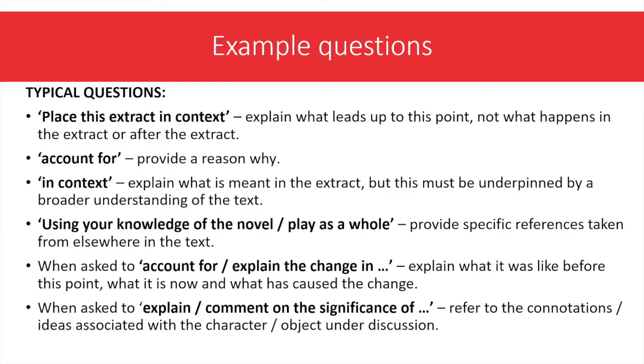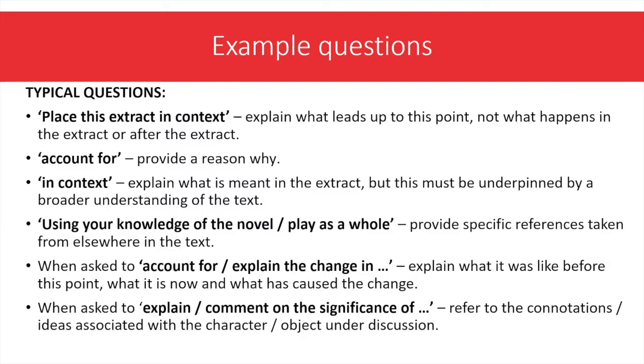But this must be underpinned, or it must be thought about with the broader understanding of the text in the background of your mind. Then, using your knowledge of the novel or the play as a whole, you need to provide specific references taken from elsewhere in the text, another part in the text.